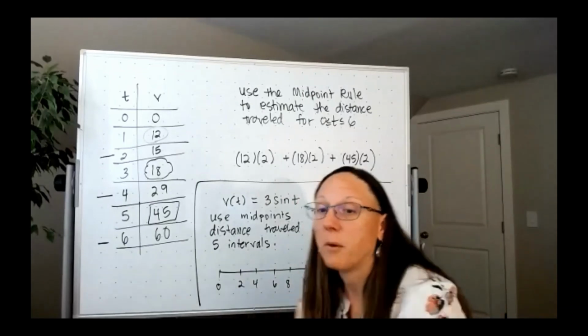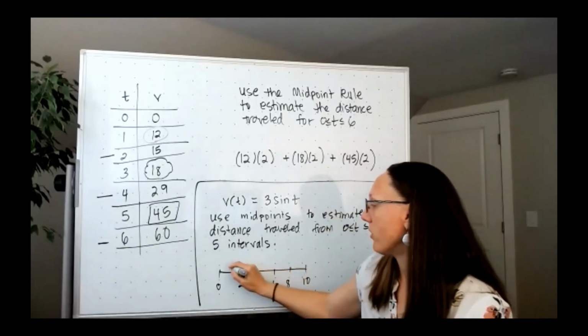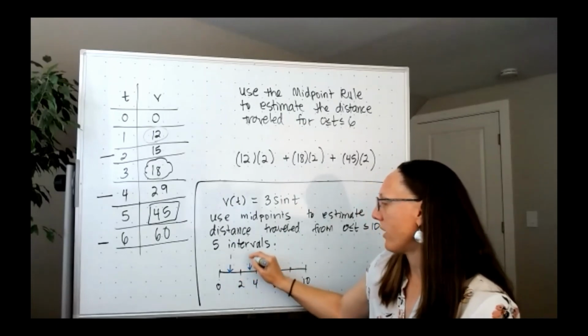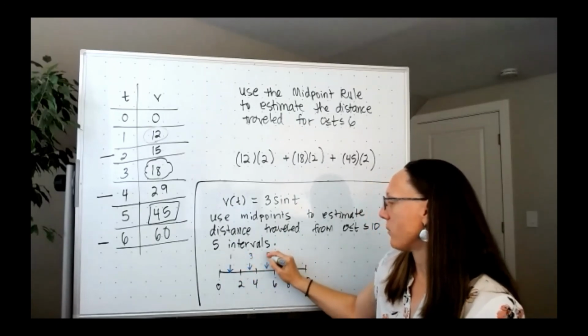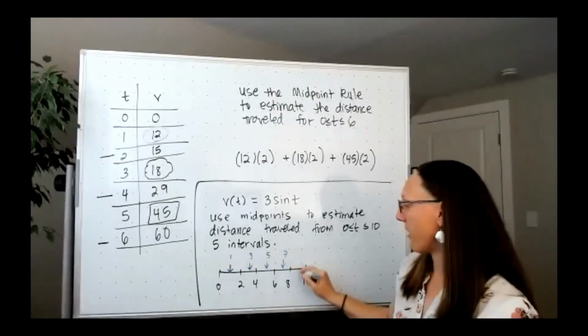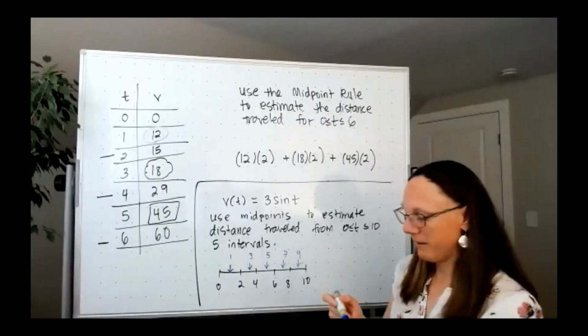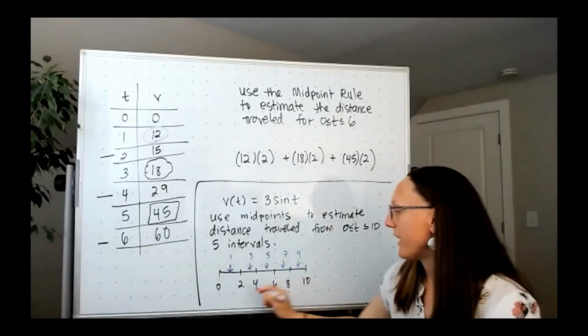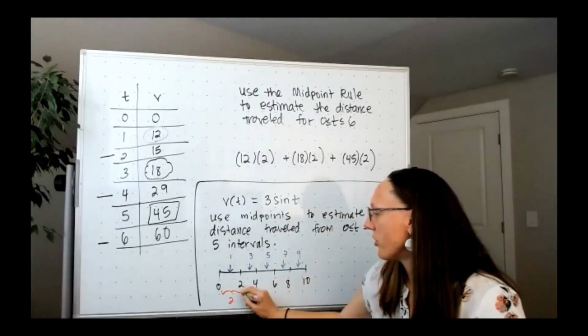And then I would use the midpoint of each interval as the estimate for my velocity. So I would use t equals 1, t equals 3, t equals 5, t equals 7, and t equals 9. Keeping that the width of each interval is still a width of 2.